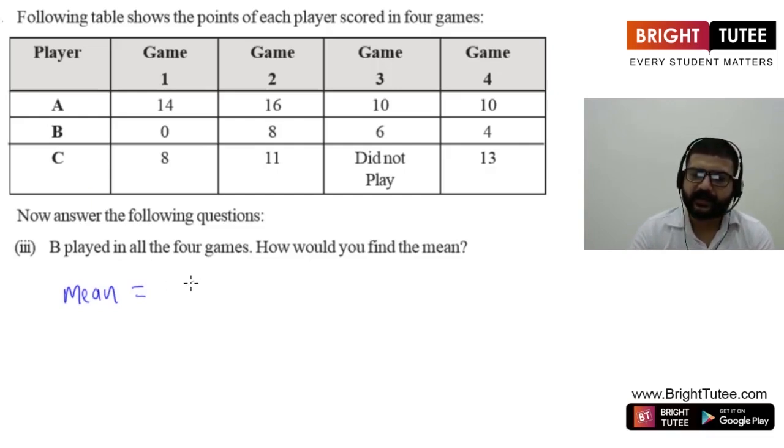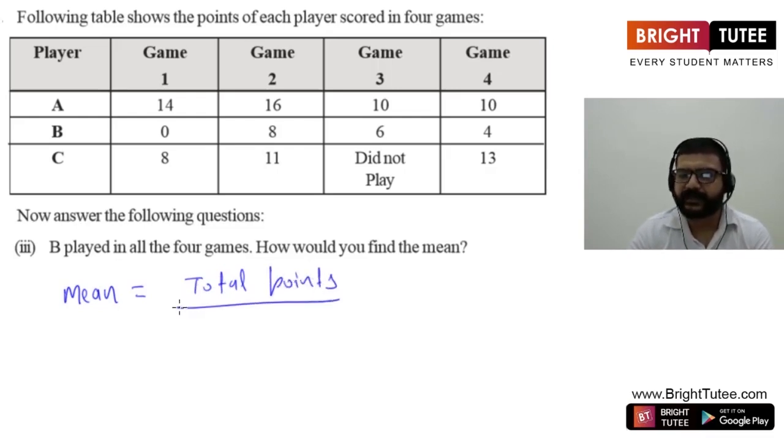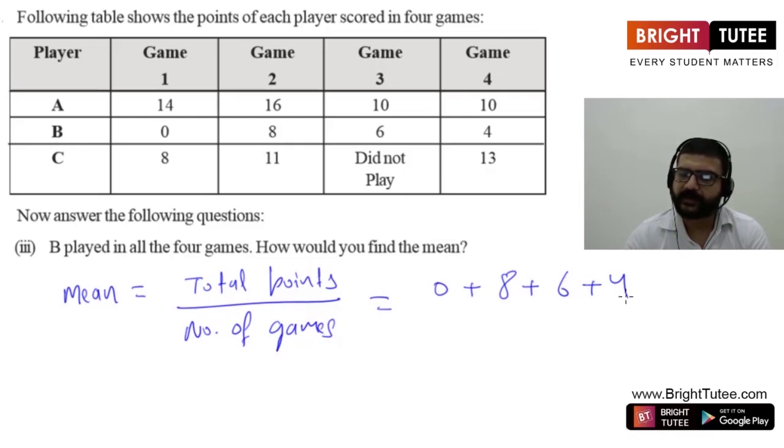So here it will be total points scored by player B divided by the number of games played by player B. So this will be equal to 0 plus 8 plus 6 plus 4 divided by 4, as he had played all the 4 games, and points scored by him were 0, 8, 6 and 4 respectively.